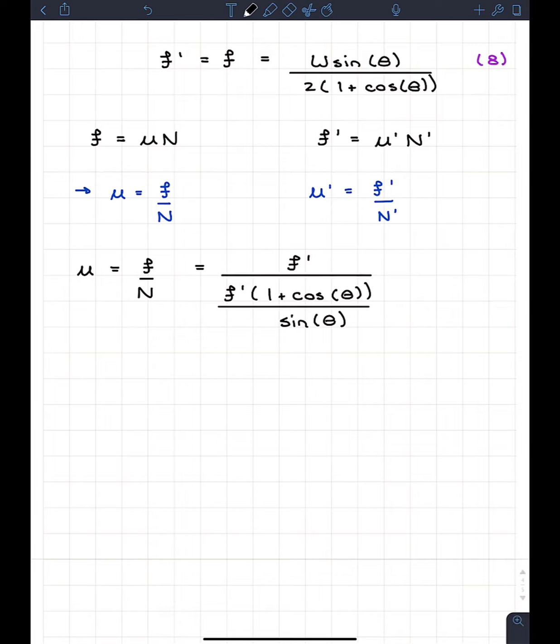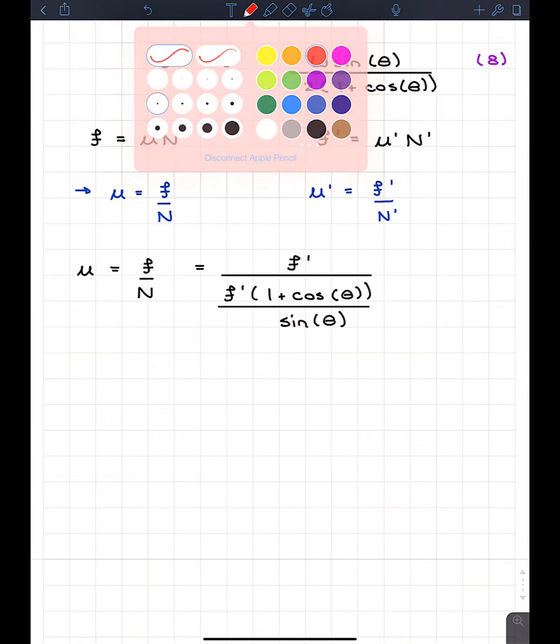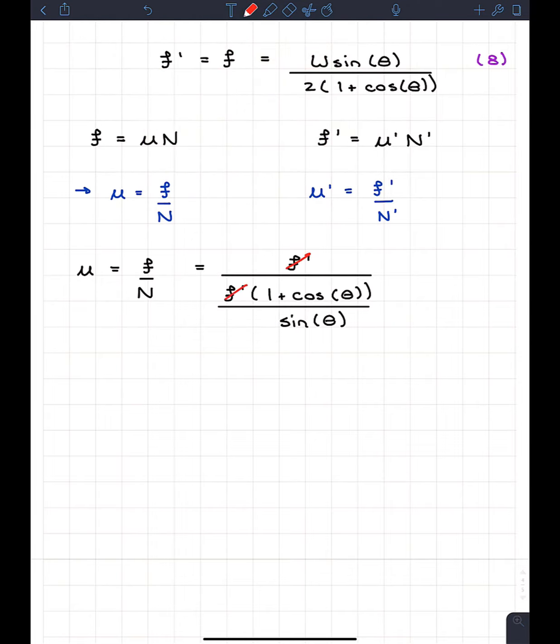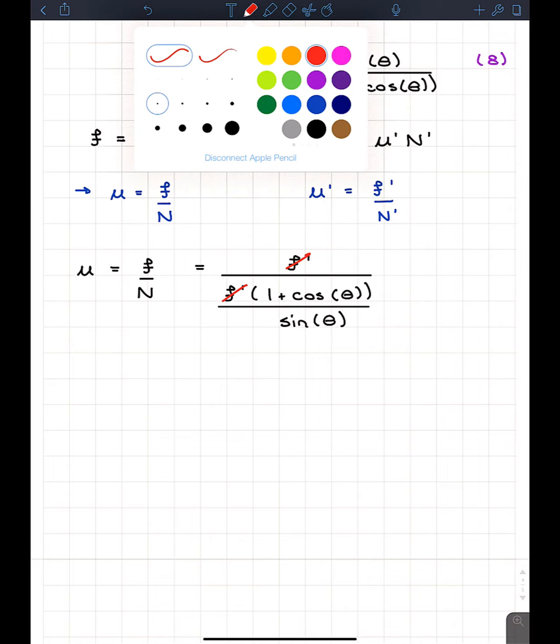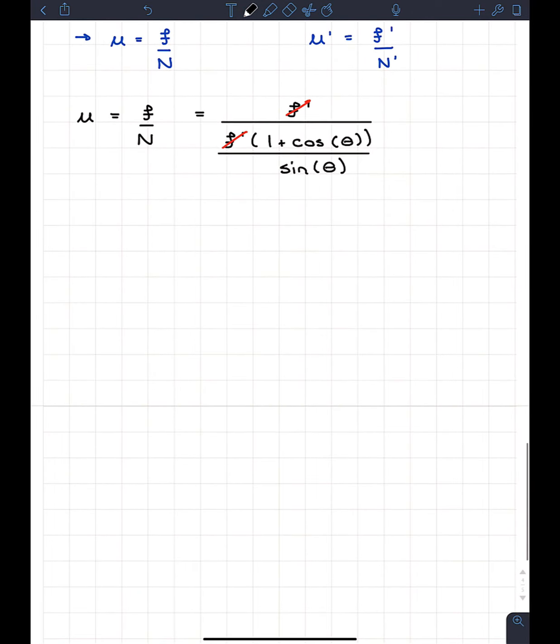So I can put this here, and this f prime at the top is going to cancel with the f prime right there. So our final answer for mu is going to be equal to sine of theta divided by 1 plus cosine of theta.